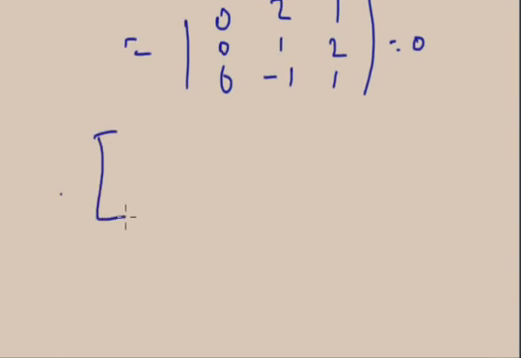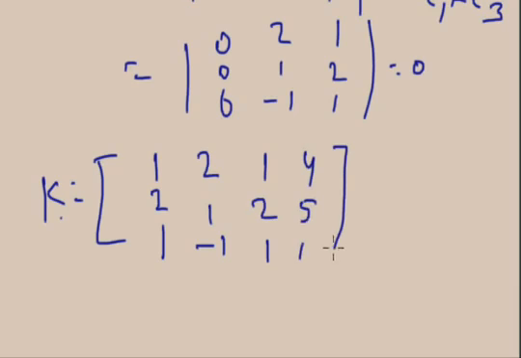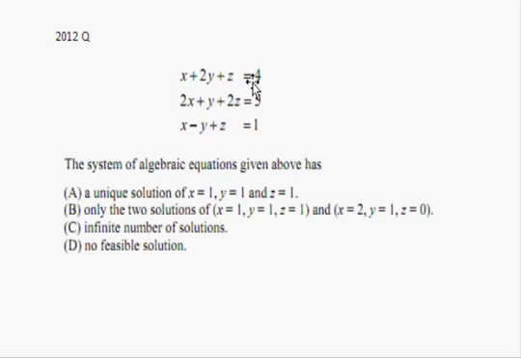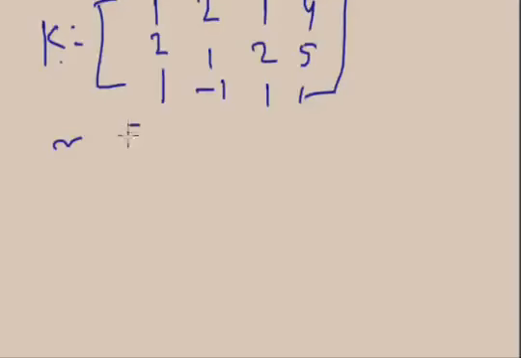K is [1 2 1; 2 1 -1; 1 2 1; 4 5 1]. It is 4 5 1. So this is performing the column transformation.